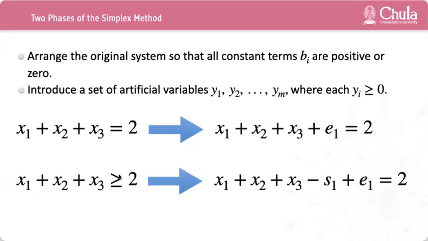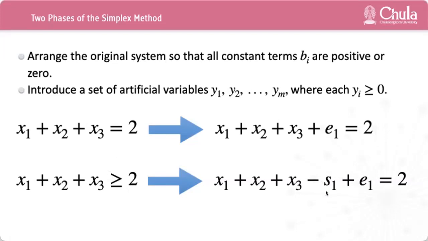So in this case, we have to arrange the right hand side to be positive, and we leave this relationship as greater or equal. And then we add one artificial variable, for example E1, and we subtract out S1, which is our slack variable. So for this type of inequality constraint, you need two extra variables.